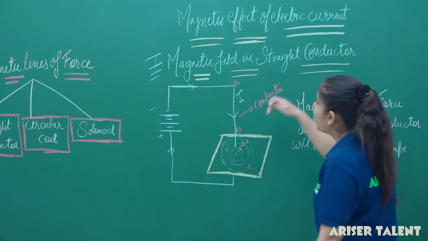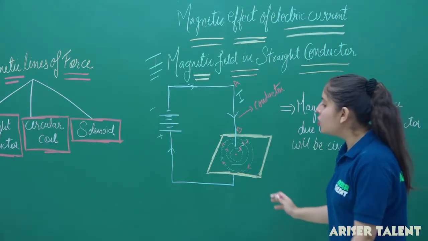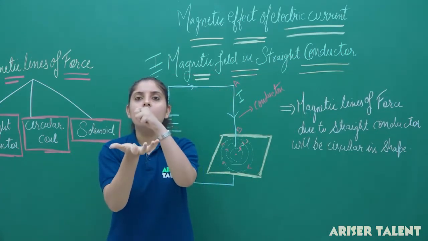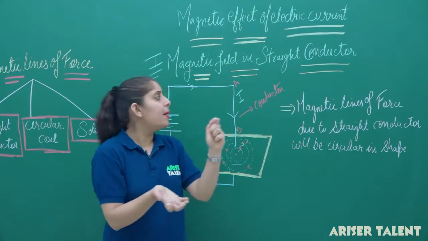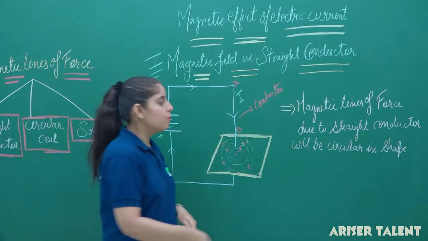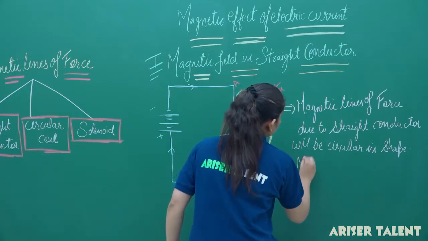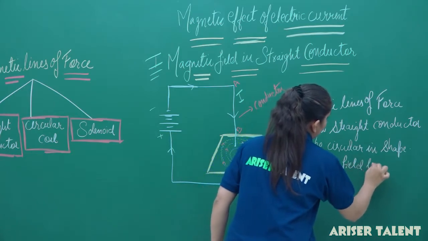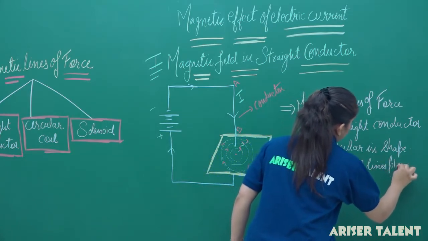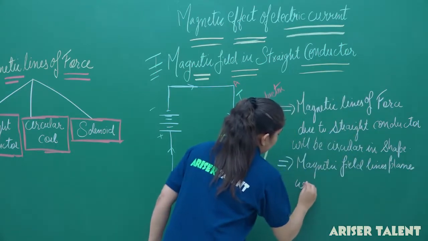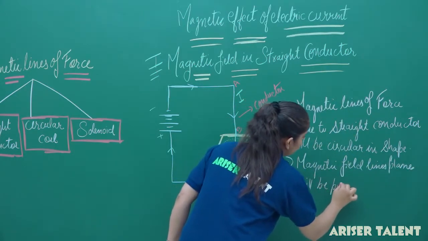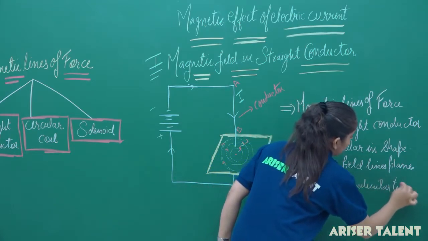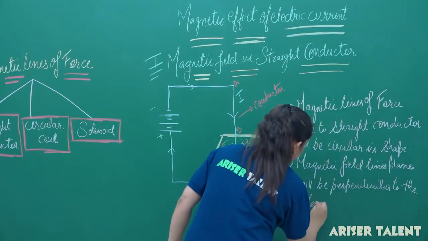It means these lines that I have formed here will be circular, and the plane of these lines, it means the plane of these magnetic field lines, will be perpendicular to the length of the conductor.